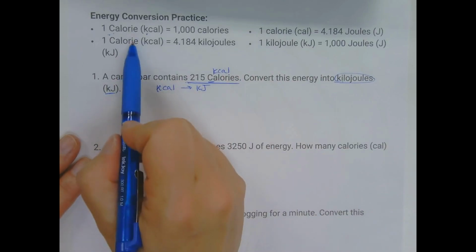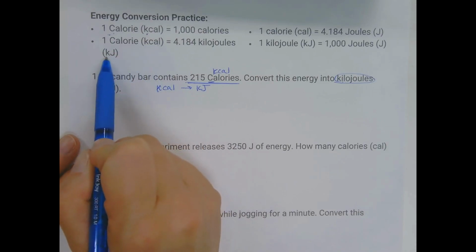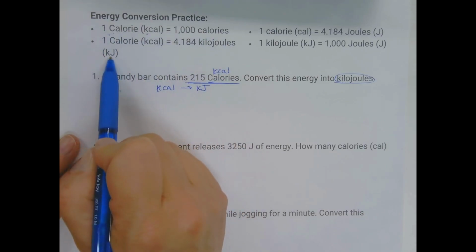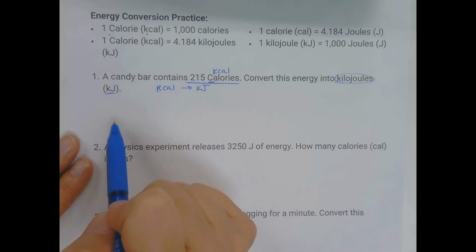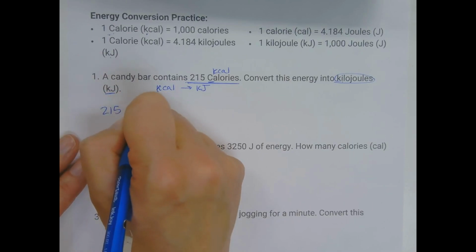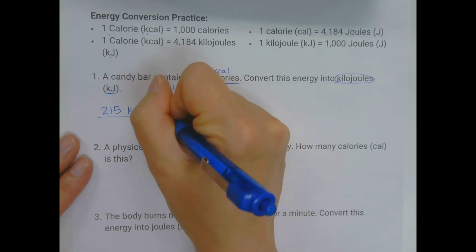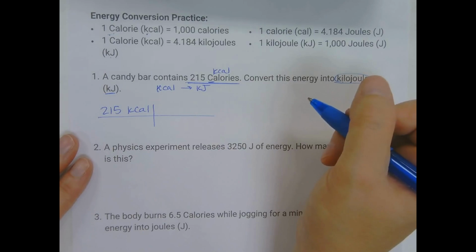Okay, so if I look at my conversions, I have one that goes directly from kilocalorie to kilojoules. So this is the one I'm going to use in this first problem. So I set up my train track, 215, and I'm just going to start by using kcal. And the reason why I'm doing this is so I don't get my capital C's and my lowercase c's confused, because sometimes they look the same.